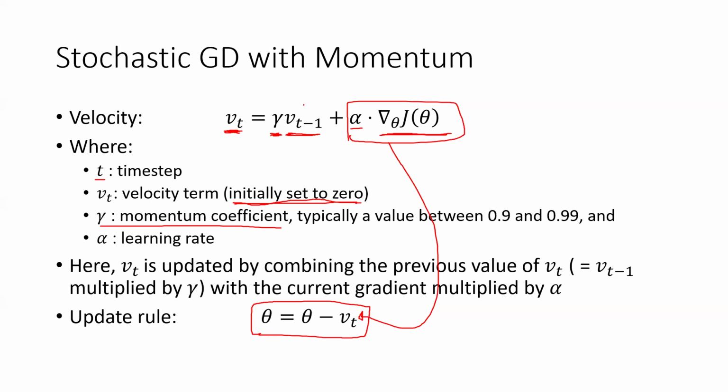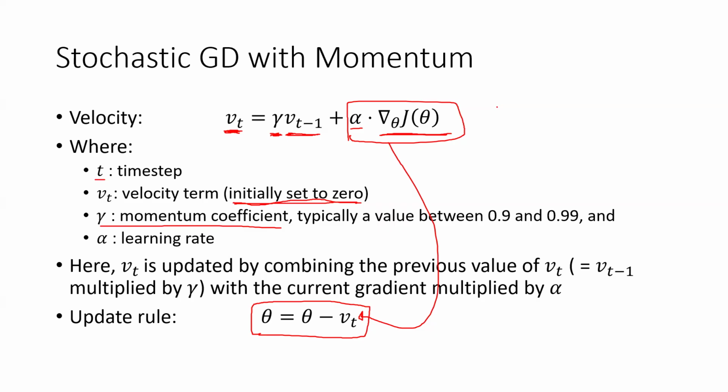Because you are adding some proportion of the previous time step's velocity, this overall velocity would not move far away from the earlier time steps' path. Because of that, this learning process would be much more focused on the overall path that we were moving along in the past, or historical data points.